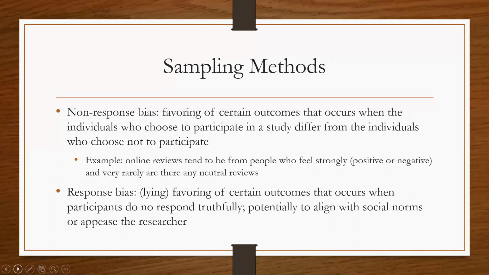And then you also have something called the response bias, where someone is favoring a certain outcome so the people don't really respond truthfully in the study. They're lying, or they're not giving the truthful answer, either to appease the researcher or to align with social norms or something like that.